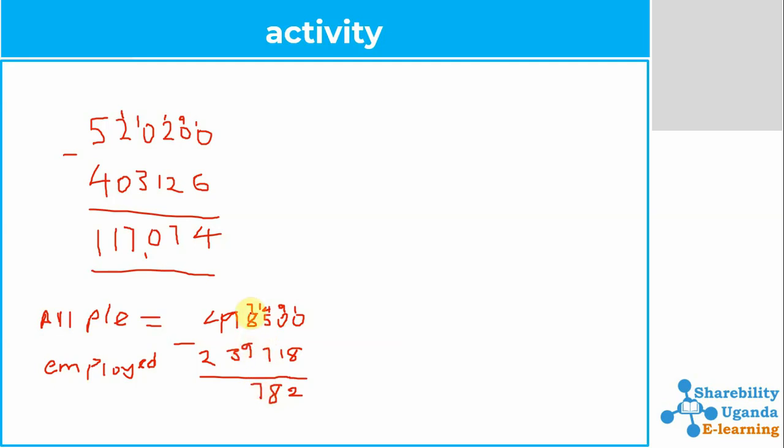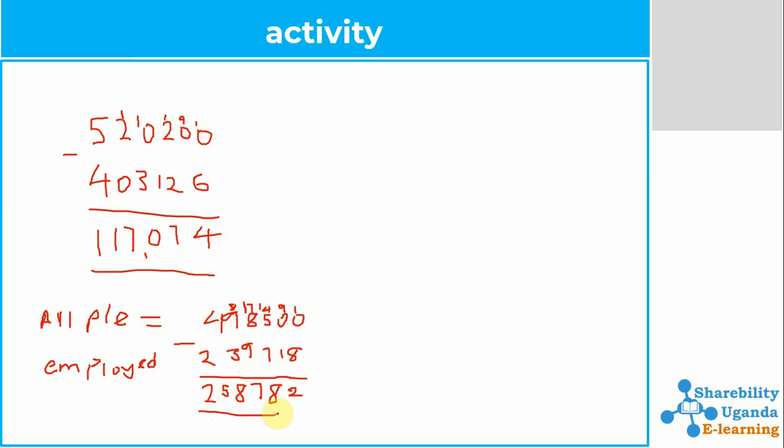Then 9 minus 7, impossible. When it is impossible, we borrow 1. This remains 8. So this is now 17 minus 9. We get our answer as 8. Then 8 minus 3, we get 5. Then 4 minus 2, we get 2.